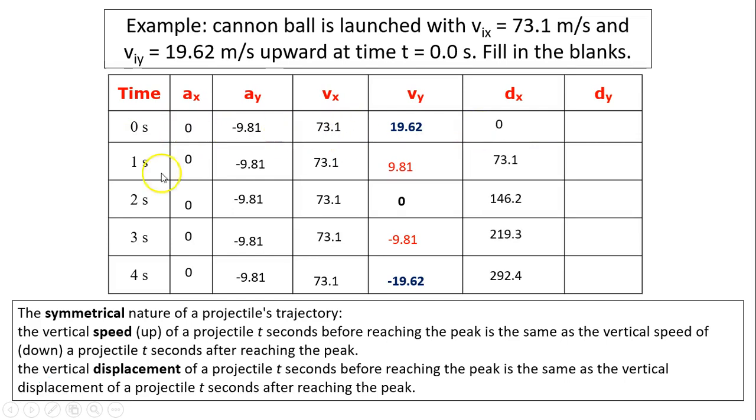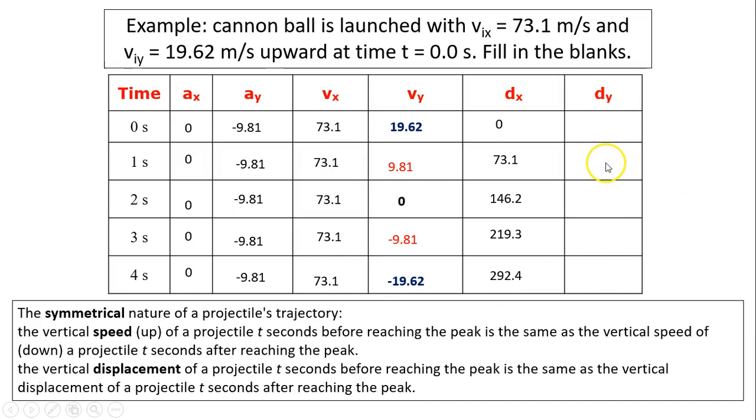So in the beginning, it's 0, 73.1 times 1 gives you 73.1, 73.1 times 2 gives you 146.2, and so forth. So basically, you move by 73.1 meters every second.